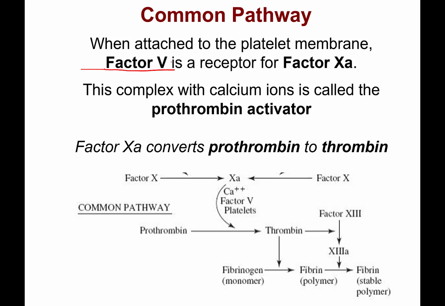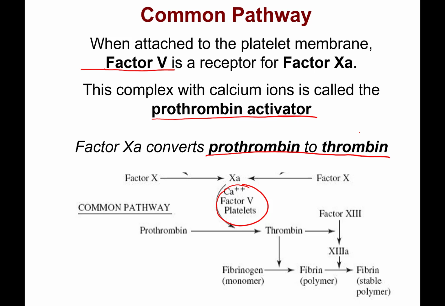And then these things together, this complex along with calcium ions, is called the prothrombin activator. And that's very important. This is that complex, the prothrombin activator, that facilitates the conversion of prothrombin to thrombin by factor 10A.